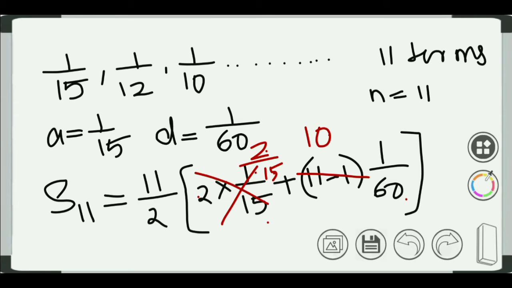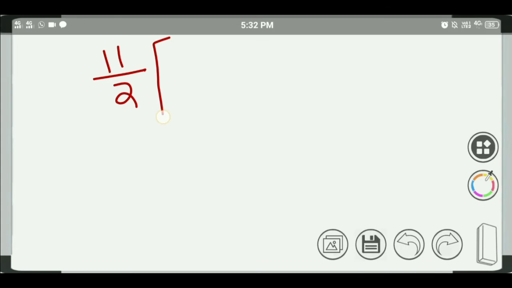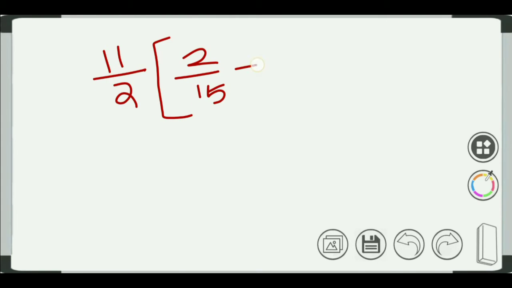That is 11 by 2 into 2 by 15 plus 10 by 60. This is what you got.